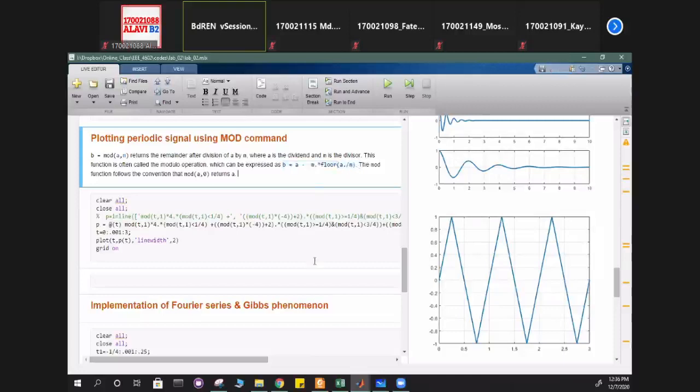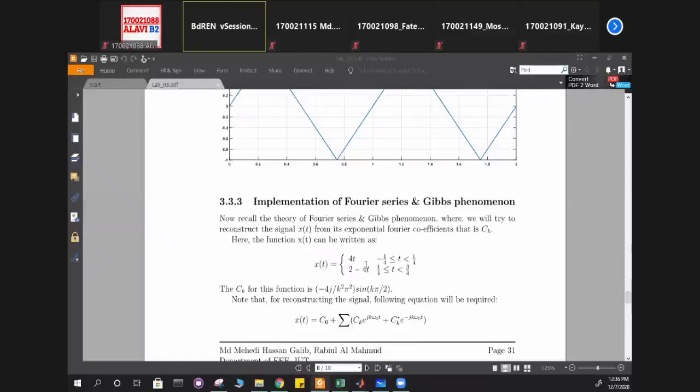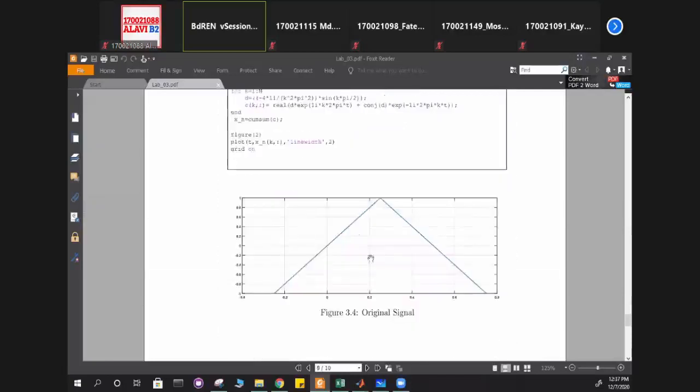So I am giving one hint: I just want a number of cycles of this xt. You can shift, you can scale, you can shift in amplitude by any means. Finally I want a few cycles of this particular signal. Is it okay? Yes, sir.